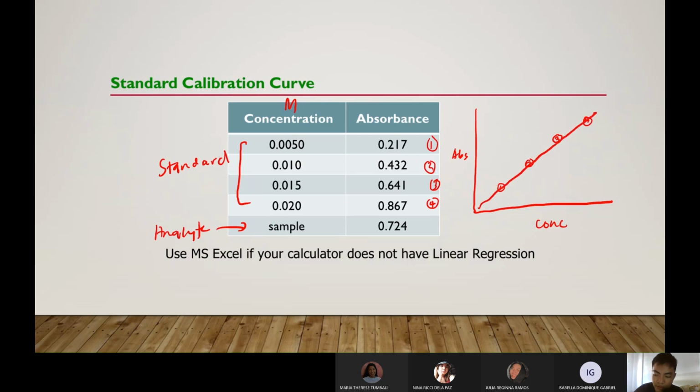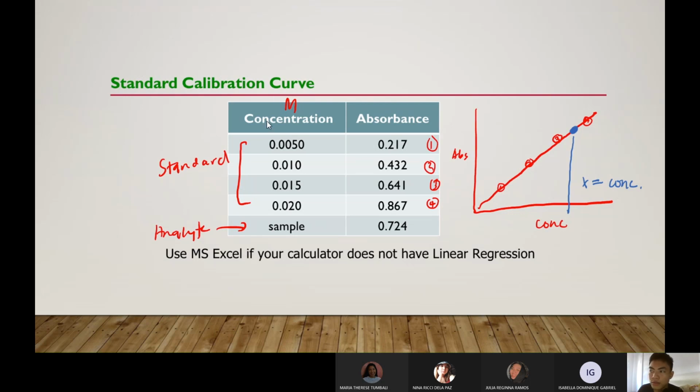Ang ginagawa niyo yun sa senior high school. And then kunwari, yung ating sample of 0.724, ibig sabihin somewhere here yan. Kung nandyan yung ating sample, you can get the corresponding X value, which will tell you the concentration of the substance. So, yun yung gagawin natin, ha?